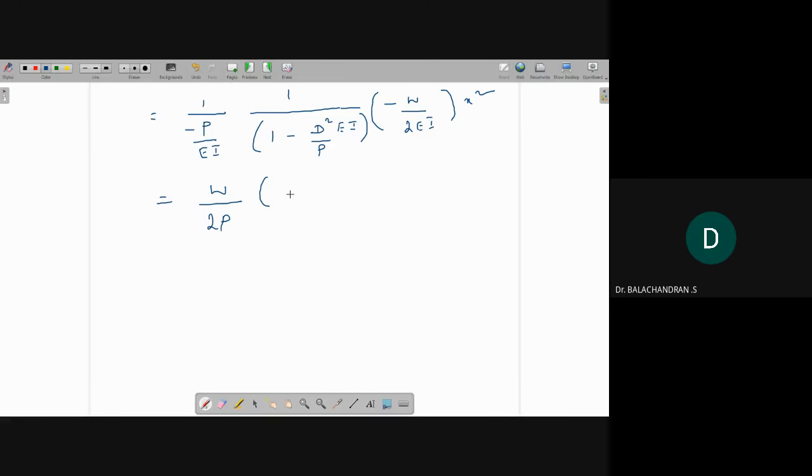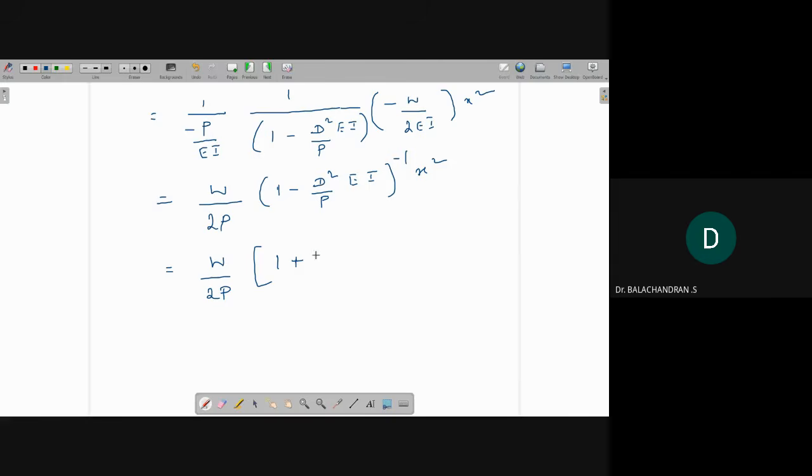Remaining, you can write 1 minus d square by P into EI in the numerator, whole power minus 1 into x square. So this is equal to W by 2P into 1 plus x.